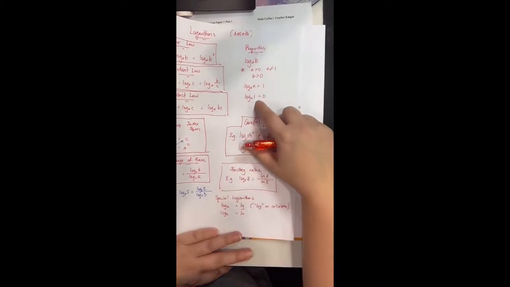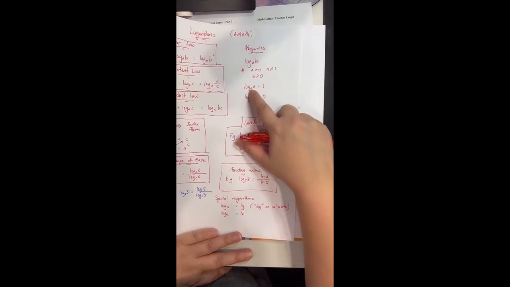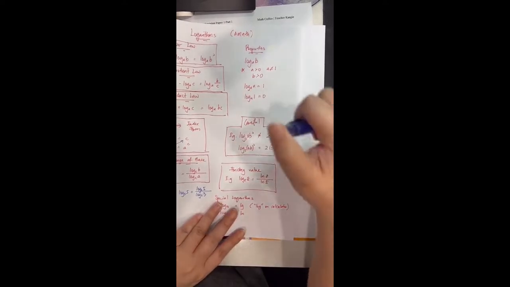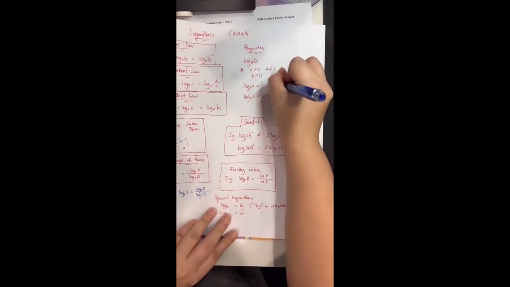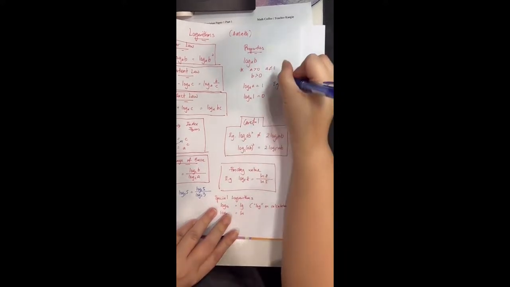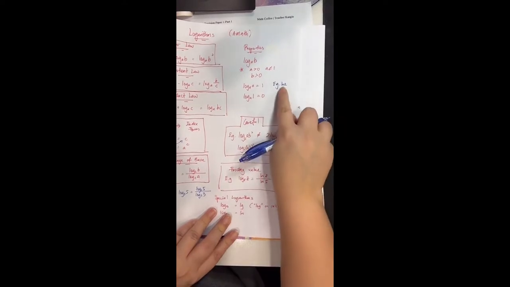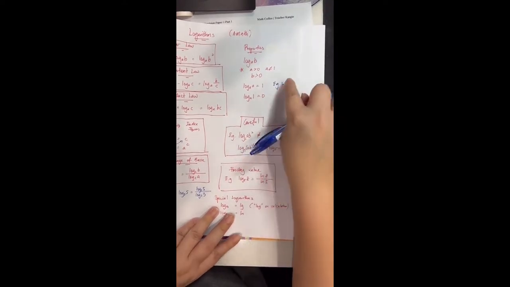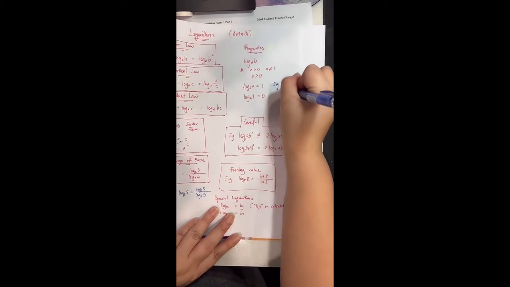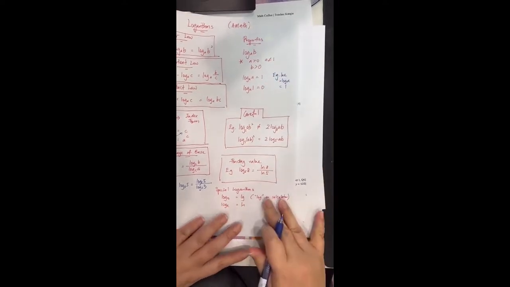Next, the very important one is log a a. When these two numbers are the same, it equals 1. For example, ln e, where ln is base e, is actually log e e, so we know it is 1.